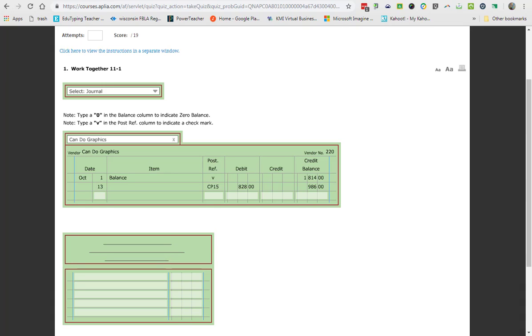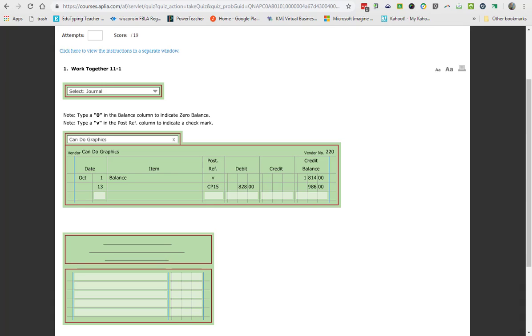Now moving across here, the date column looks exactly the same, agreed? And here, item. We barely ever use the item column. We'll learn a little bit how we would use it this time, but we don't use it too much. Post reference. Before, we just had one journal. Now, we have multiple journals, so you have to use the abbreviation of the journal with the page number. So S7 would mean Sales Journal, page 7.